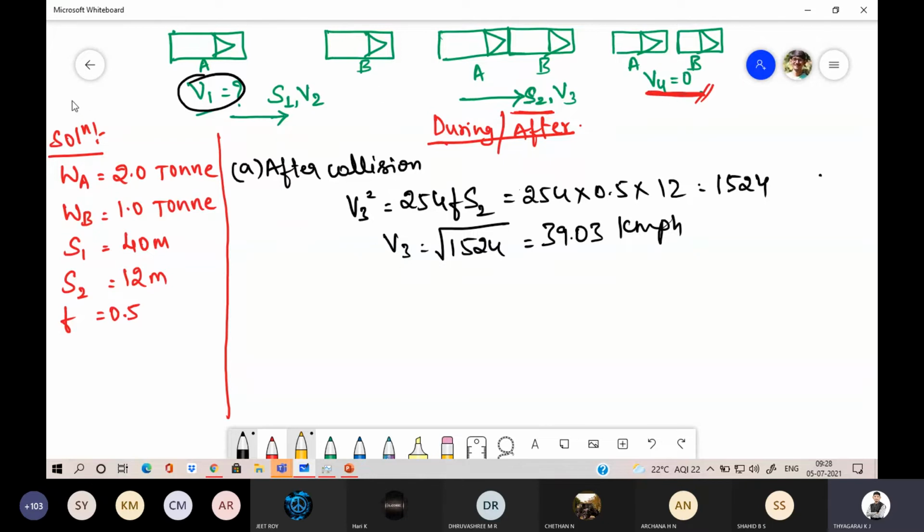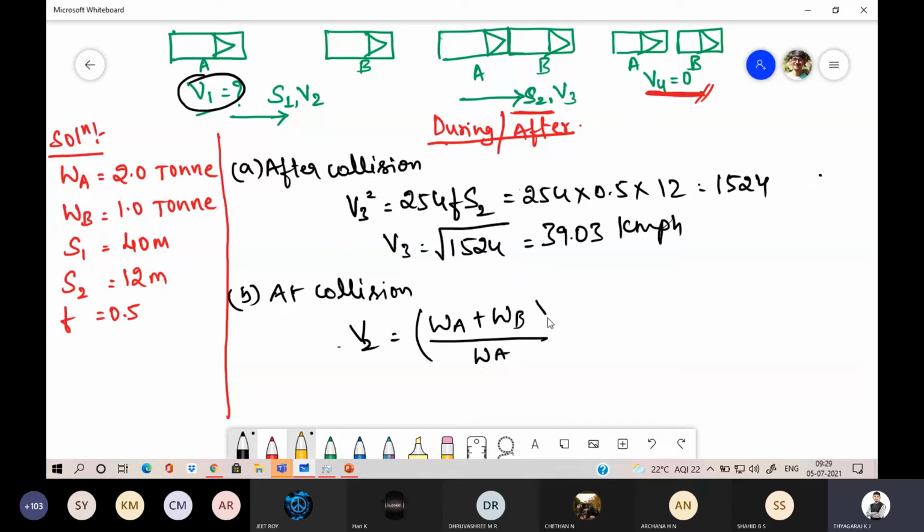From the backwards we are going to calculate. Now at collision, what is the formula? At collision we are going to determine V2. V2 is equal to (WA plus WB) divided by WA, into V3. V3 we have already known.